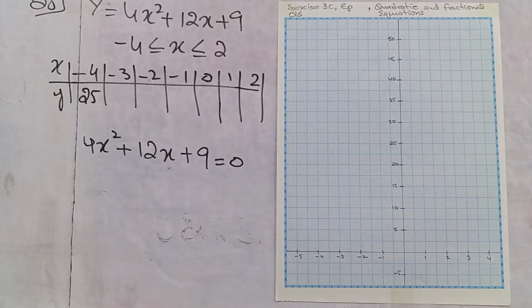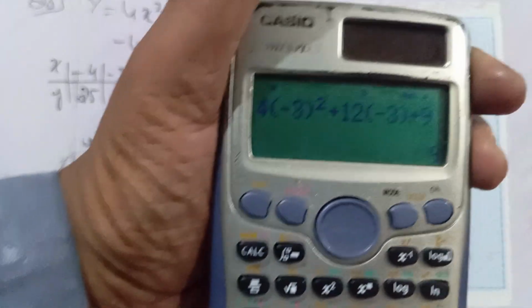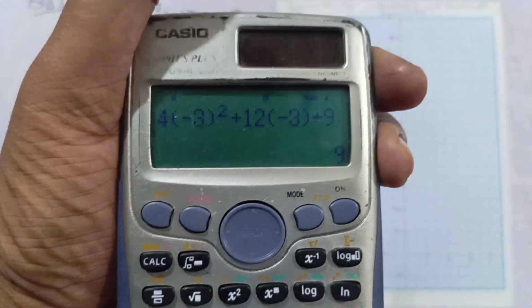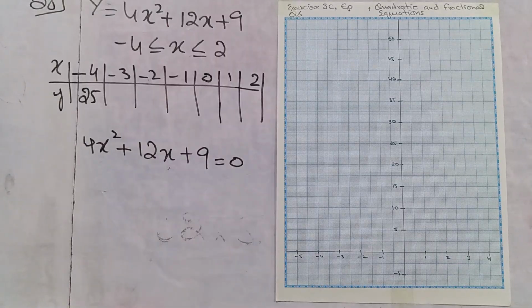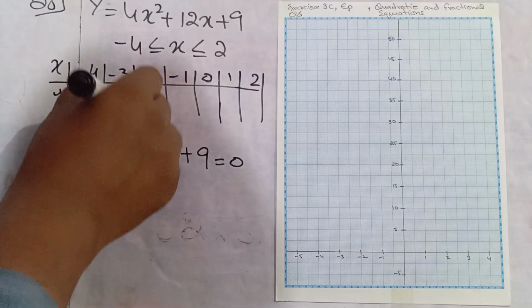So 4 bracket minus 3 bracket close square plus 12 bracket minus 3 bracket close plus 9 equals, and that gives me 9. So I will write 9 here.